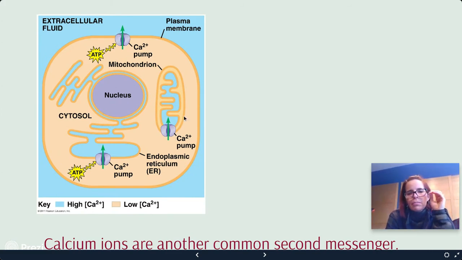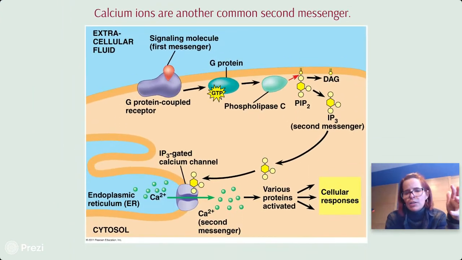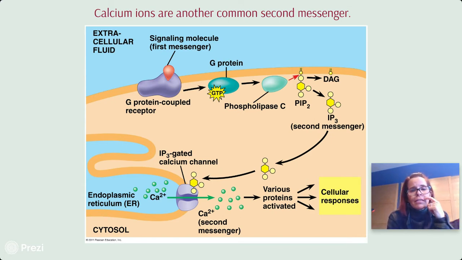So you can see them in the cell membrane, in the mitochondria, and in the endoplasmic reticulum. They're found all over. So these calcium channels end up being super important. So the calcium can push through. That's a second messenger that can lead to all kinds of cell responses, especially when you push a lot of calcium through. Each molecule can lead to another response and can actually amplify what's going on.